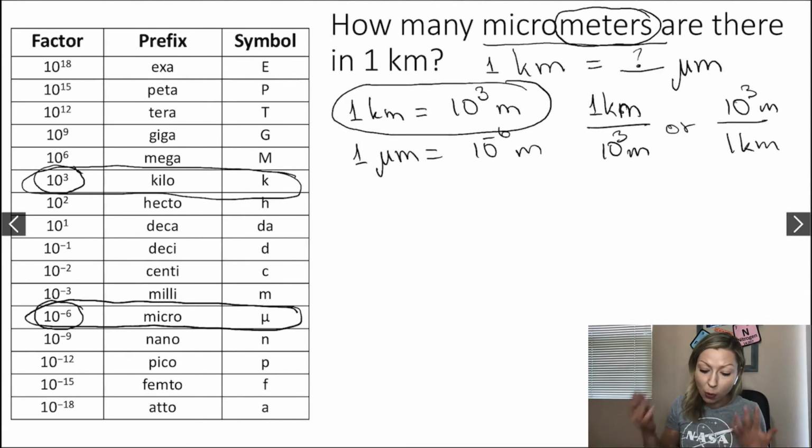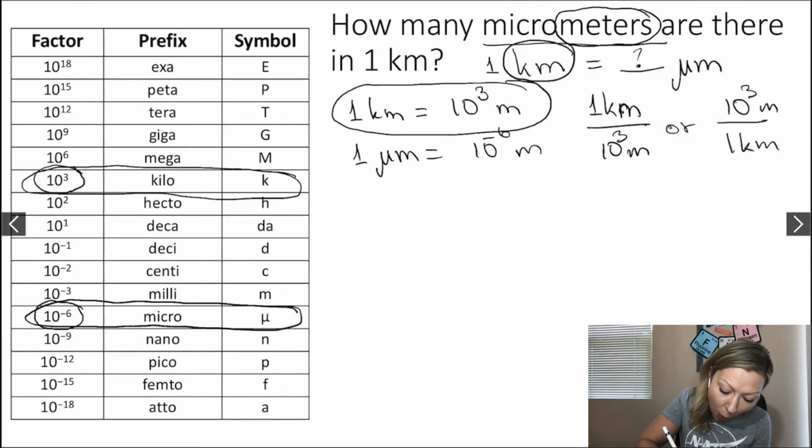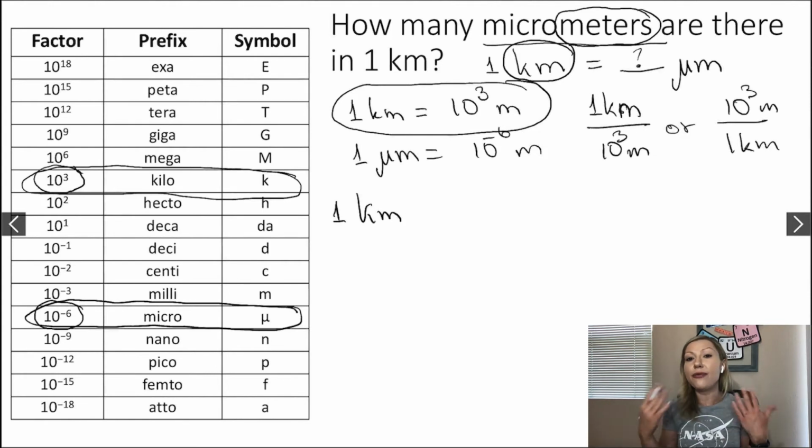Well, I will have to start with kilometers and I have to cancel the kilometers out. So I'm starting with km and I have to cancel it out. Now, when I have 1 kilometer, right, it's not divided by any other number. I'm going to assume that this is on top of a fraction. Okay, so this is going to be a numerator.